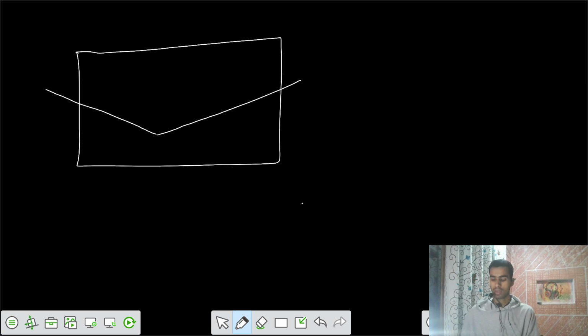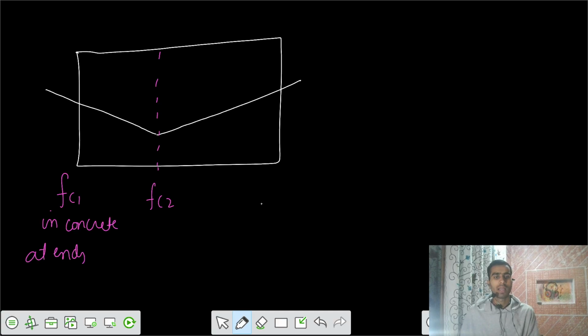Let's say I have this one. So I have to calculate FC1 and I have to calculate FC2. That means I have to calculate stresses in concrete at the ends, and I have to calculate stress in concrete at midspan.